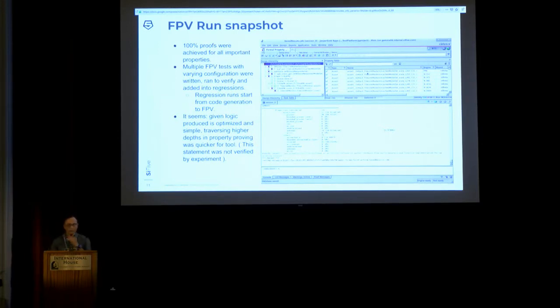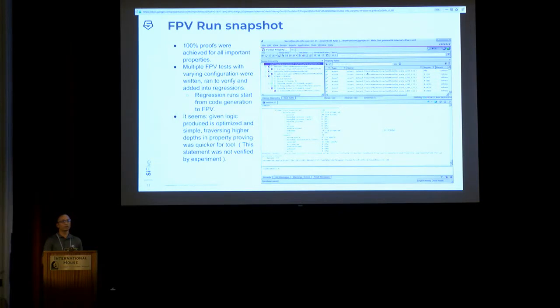Another thing I have noticed is that this generated code is somehow optimized to a good limit, and in my experience at least, the proofs I was getting were somewhat faster in general than when I was writing manual code. I'm not sure why that happened. I did not time it, but that was the sense I was getting.